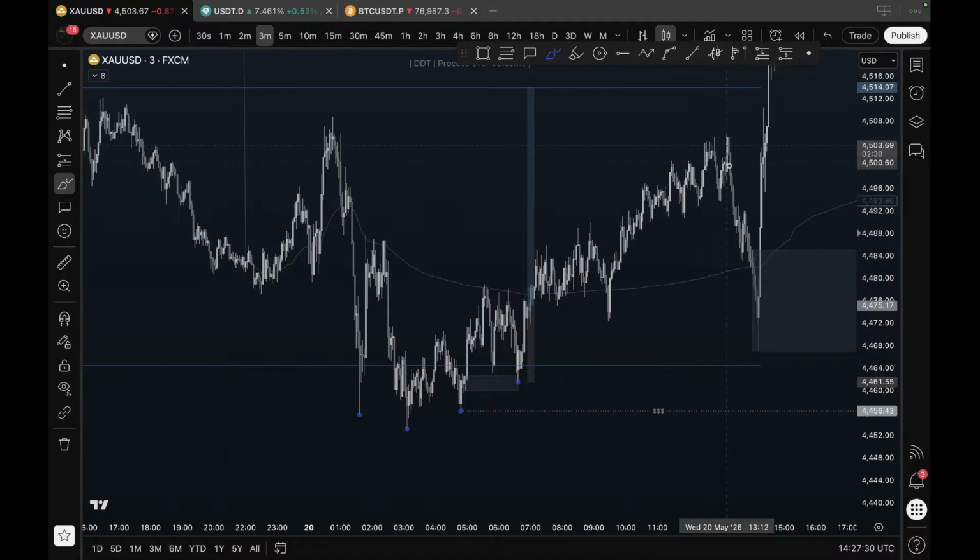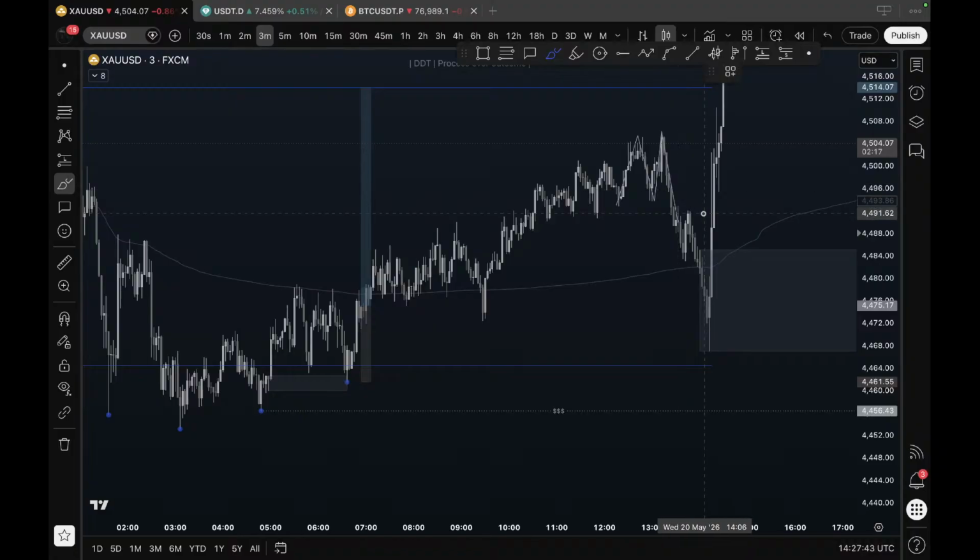And it's also what you got. Basically you had clean structure, high, higher low, SFP, break, and the moment you get that break, right here, you directly see that price slices straight through it.